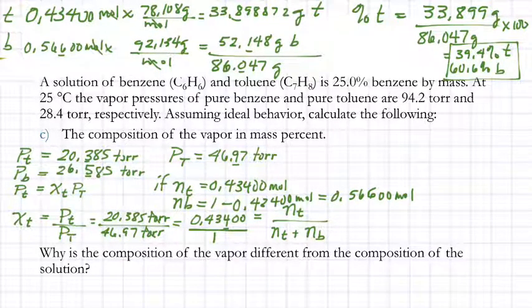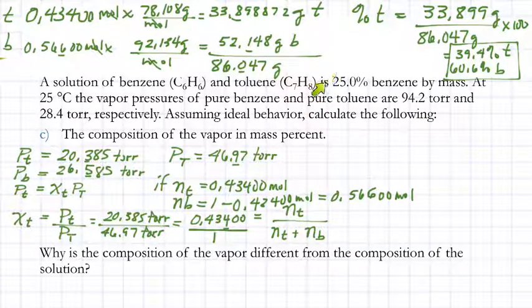The vapor pressure of the pure substances is not the same. Which one's more volatile? Oh, yeah, benzene. Sorry, that's the first one. I was looking at toluene and this. So the benzene is more volatile than the toluene because it has a higher vapor pressure.